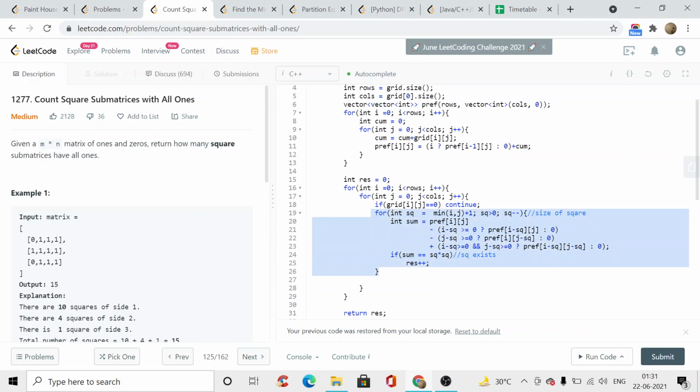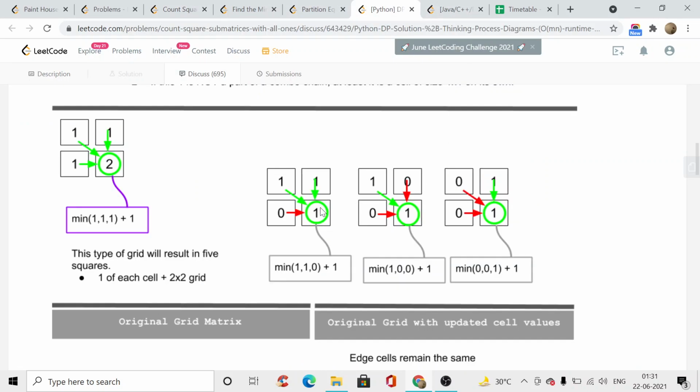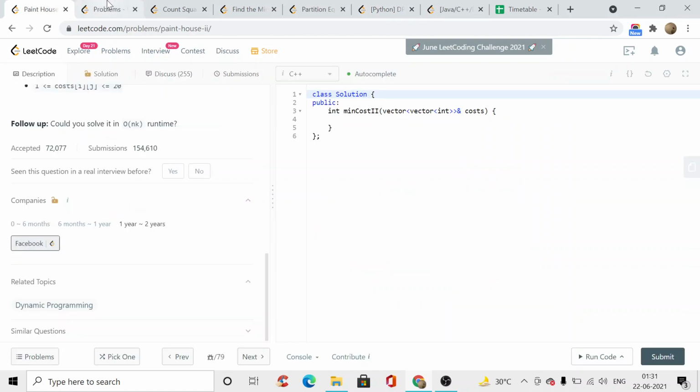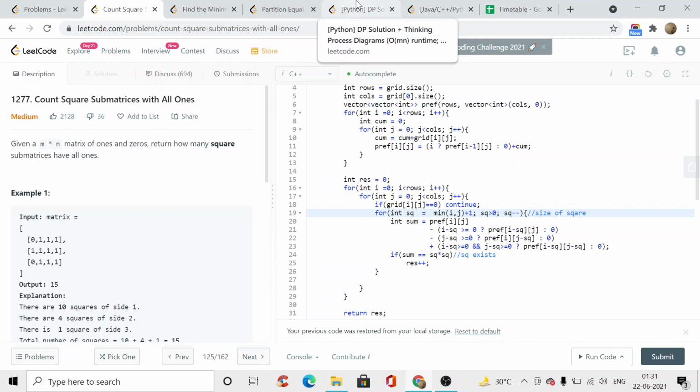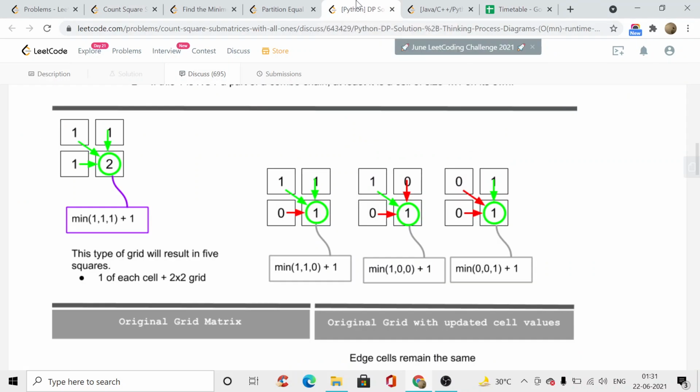My solution was doing more work. This is a better solution. So it is almost like n cubic, like m into n into this size. So it's almost like a cubic solution.